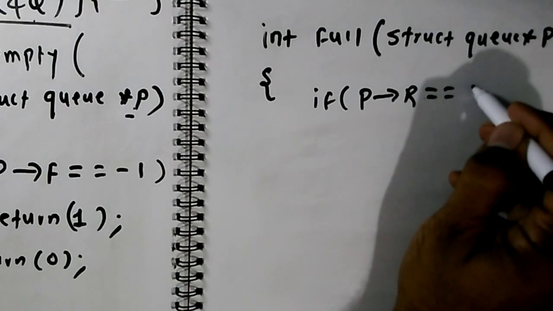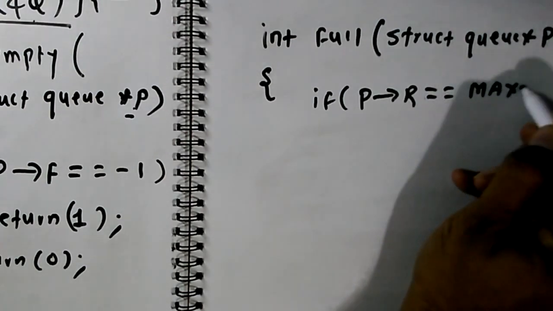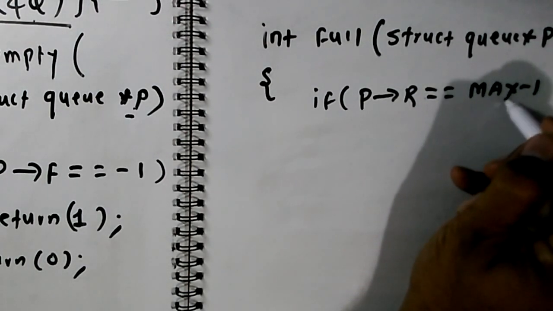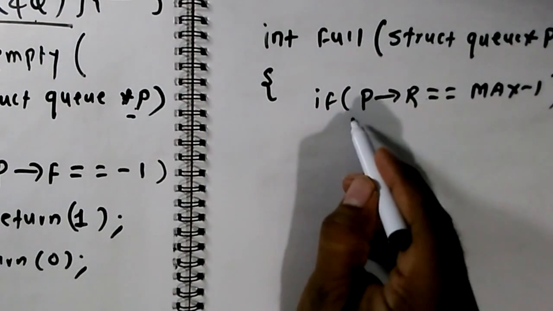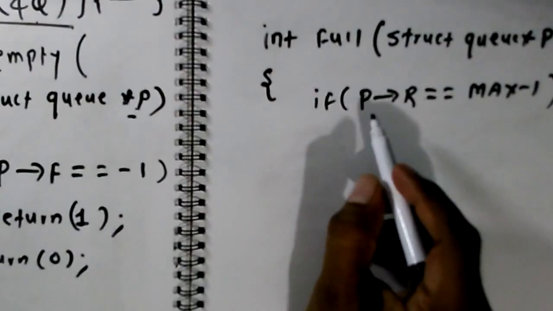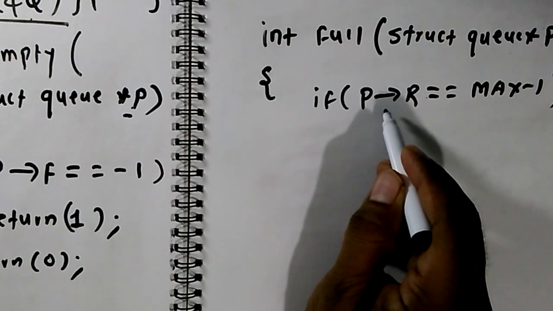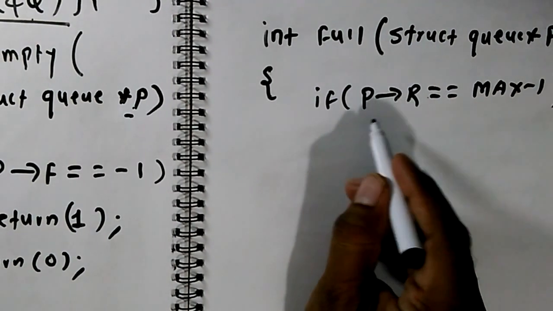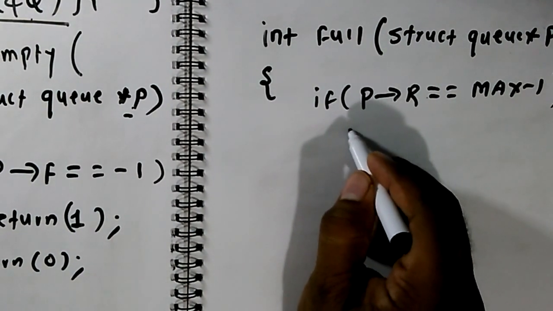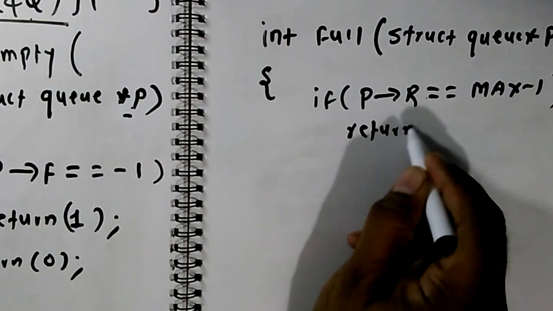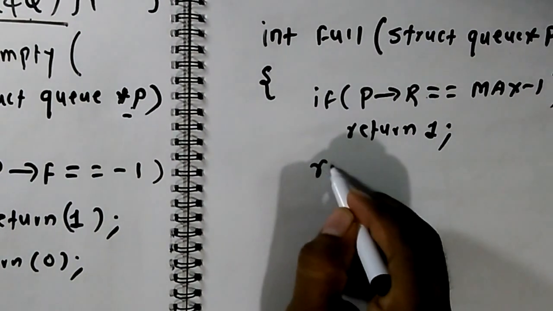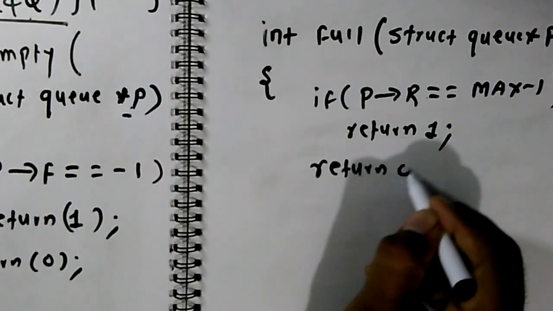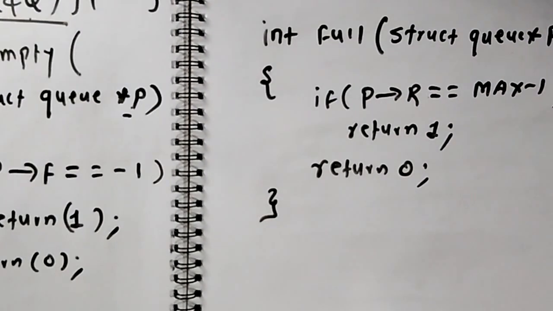So if p arrow r equal to max -1, if the size is max, the last location will be max minus 1. So if p arrow r equal to max minus 1, that means rear is pointing to the last location. That means the queue is full, so I'll return 1 from here. Else I'll return 0. That's the queue full function.